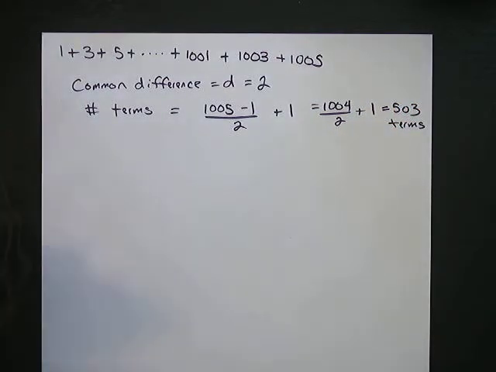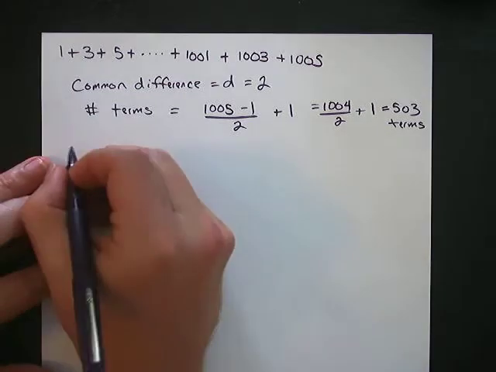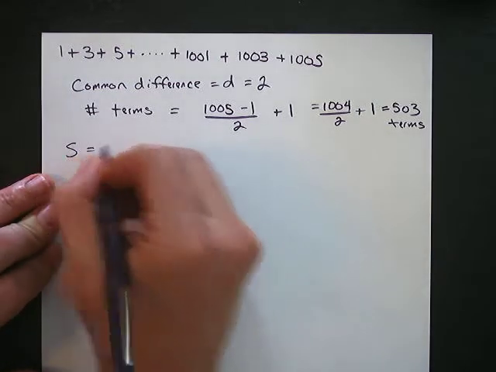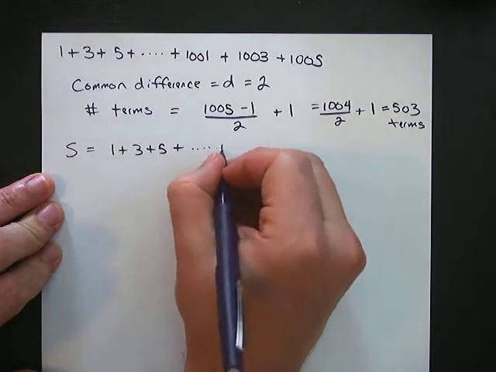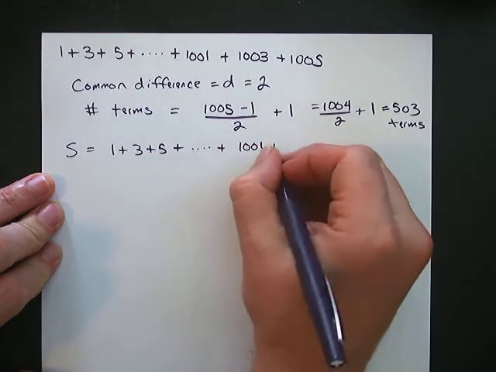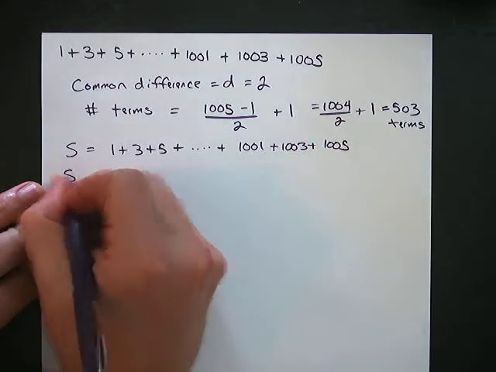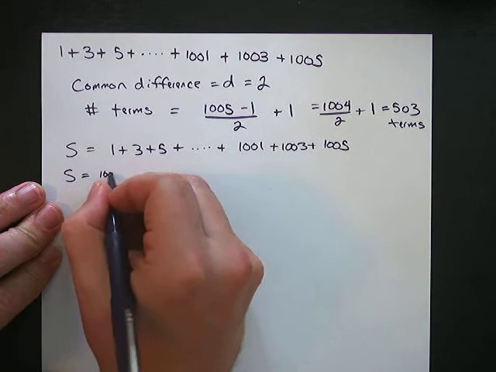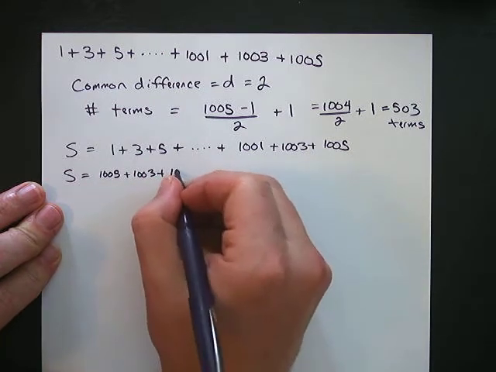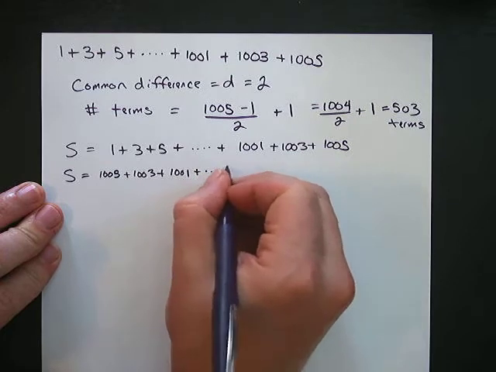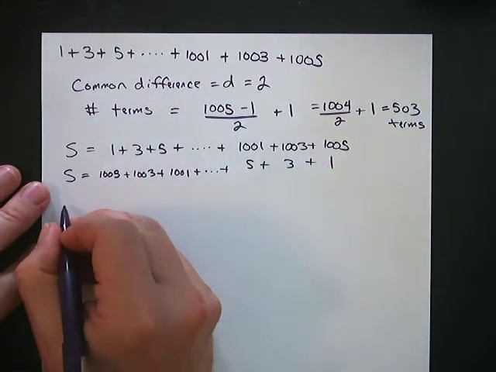Okay, so if there are 503 terms, now we're going to do exactly what we did last time by doing the two different S's. The sum is 1 plus 3 plus 5 plus, and then I'll write it backwards, 1005 plus 1003, 1001, and so on, 5 plus 3 plus 1, so that I compare them and get two S's.